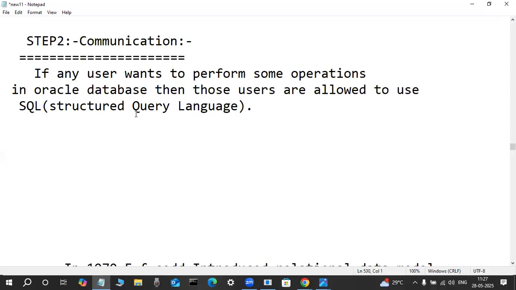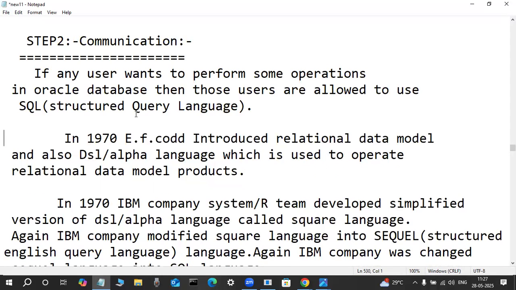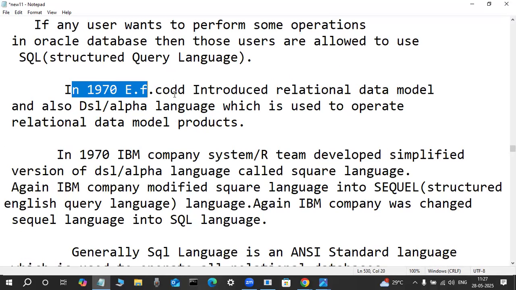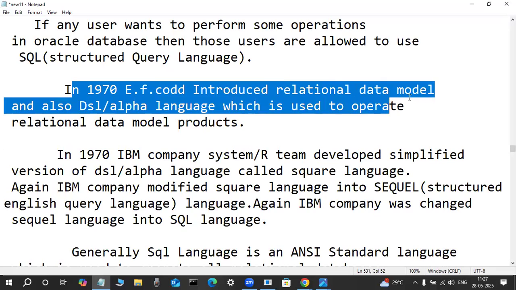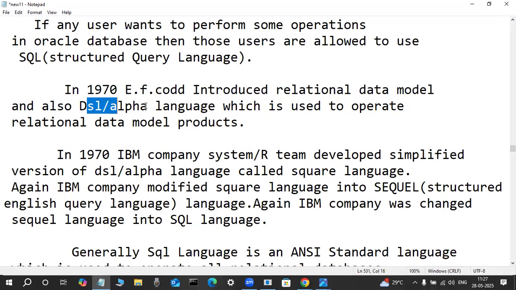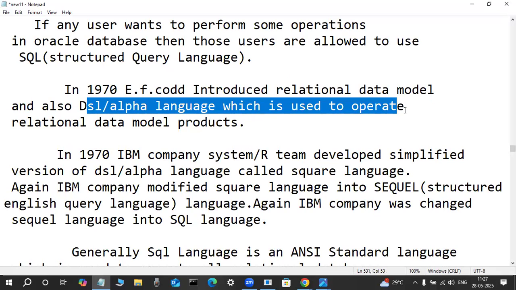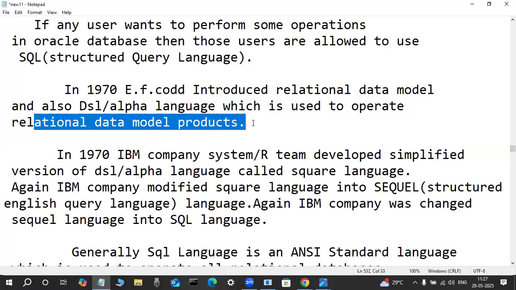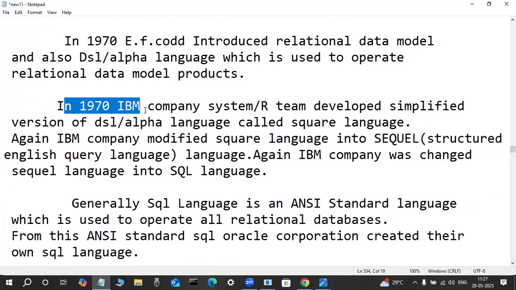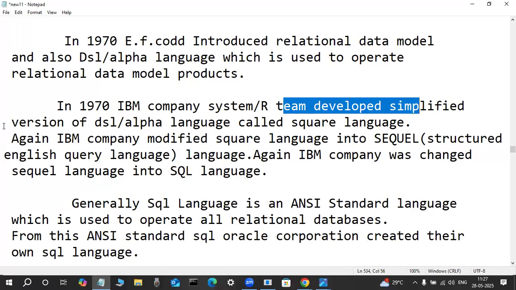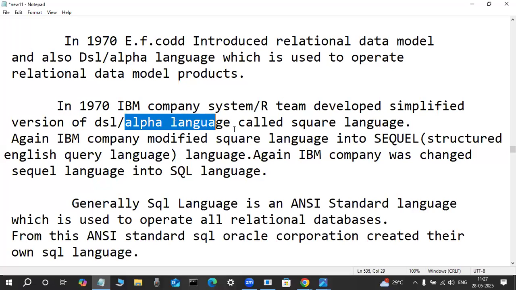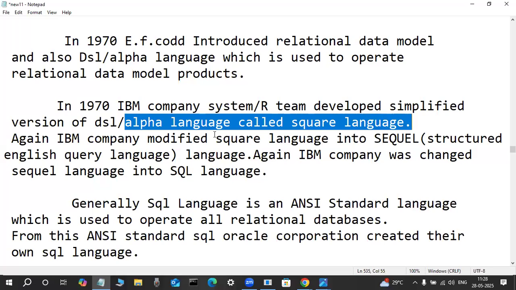Just for terminology purposes, Oracle is there from 1977 onwards. Don't worry, now observe here. In 1970, E.F. Codd introduced the relational data model and also the DSL/Alpha language, which is used to operate relational data model products. In 1970, IBM's System R project, which is a network data model project actually, the System R team developed a simplified version of DSL/Alpha language called SQUARE language.